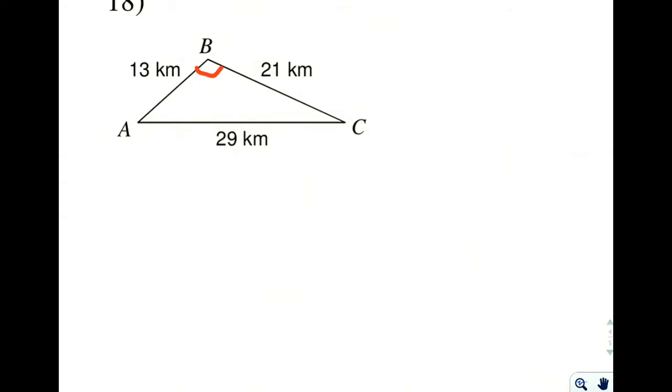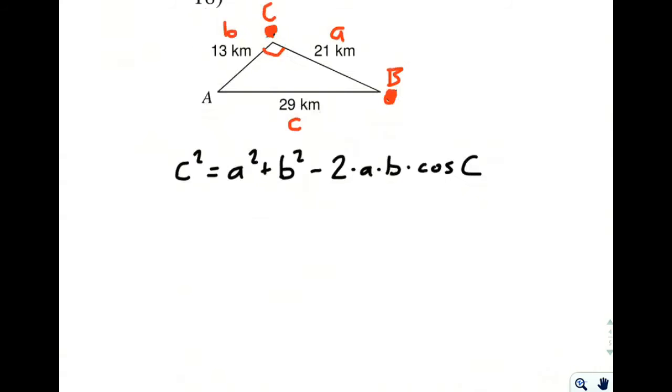So if I'm going to solve for this angle, I want to rename that angle C, which means that I need to rename the other ones angle B and angle A. And I also want to label my sides. Across from angle C is side C, across from angle A, side A, across from angle B, side B. And then I want to plug it into my formula. Thanks to copy and paste, I have that here.